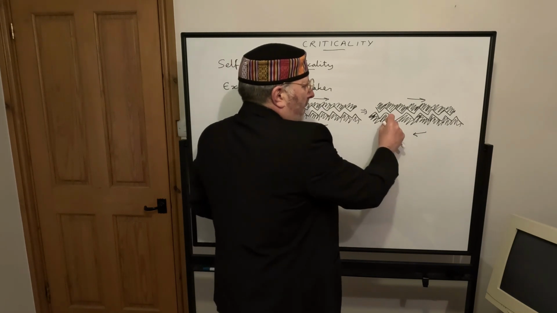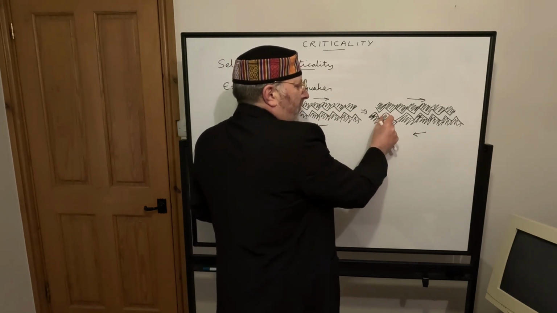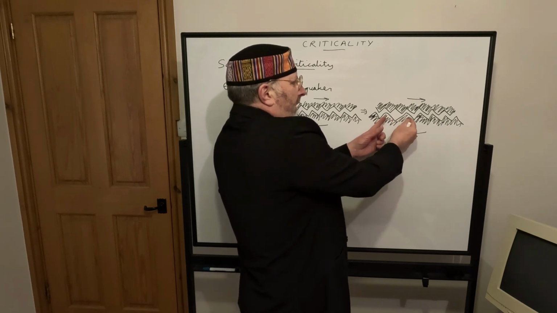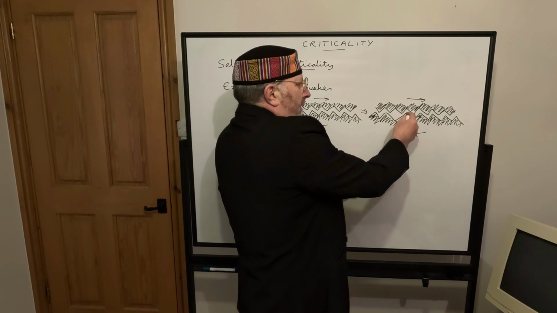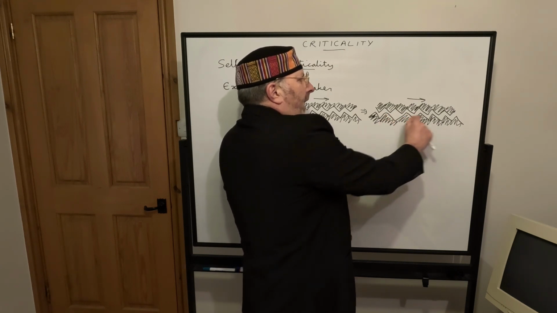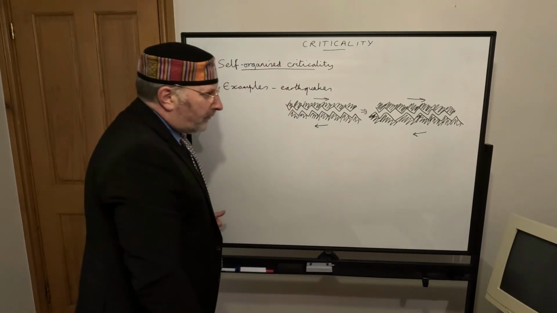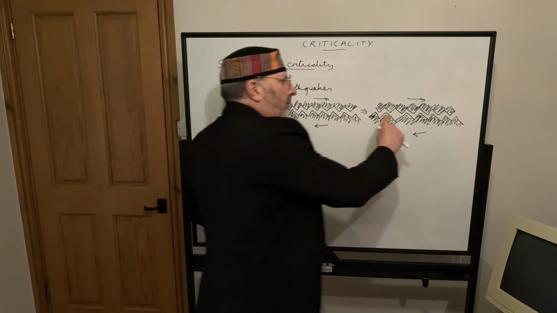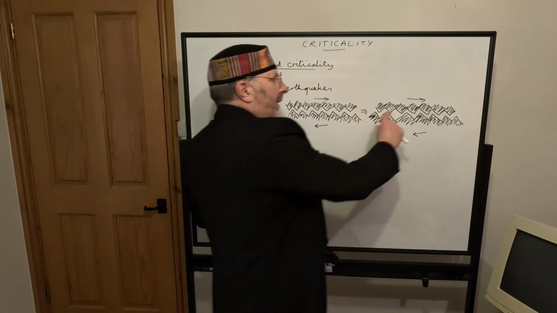But although that has now slipped past and released stress there, it's created more stress on this because these are now kind of being stretched apart a bit. So the release of stress here has transferred stress elsewhere down the fault. And that transfer of stress further down the fault might cause that bit to slip as well.